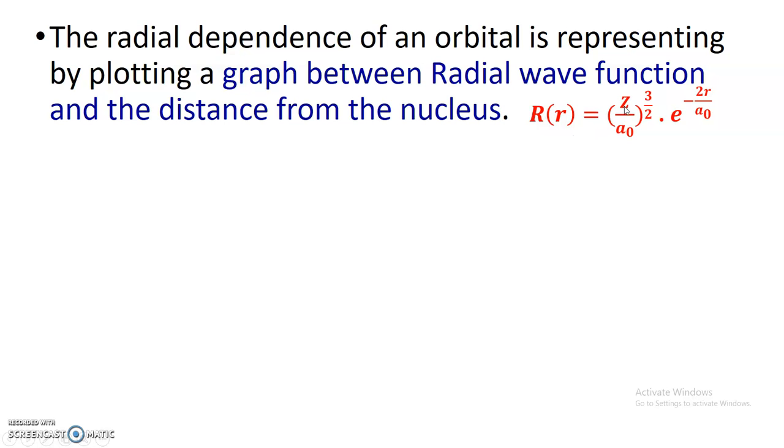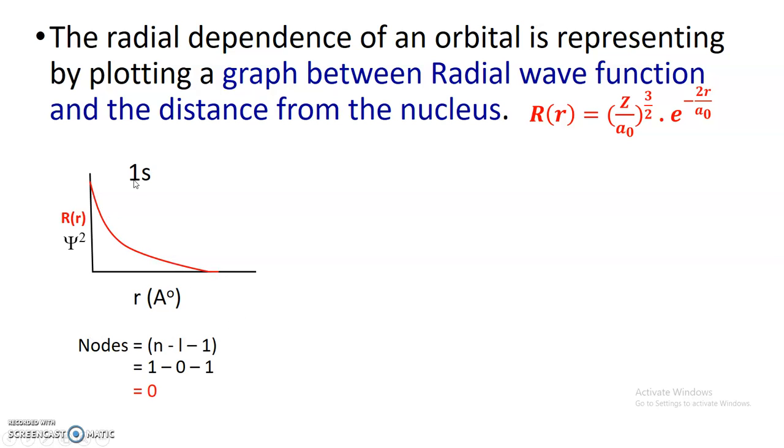It is equal to (Z upon a0) raised to 3 by 2 into e raised to minus 2r by a0. For 1s orbital, when radial wave function or psi square is plotted versus r, that is distance from the nucleus, then this is the nature of graph.